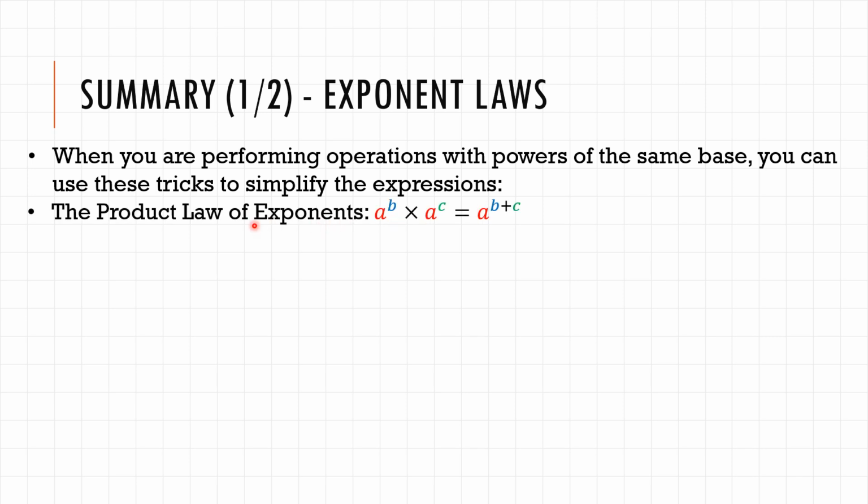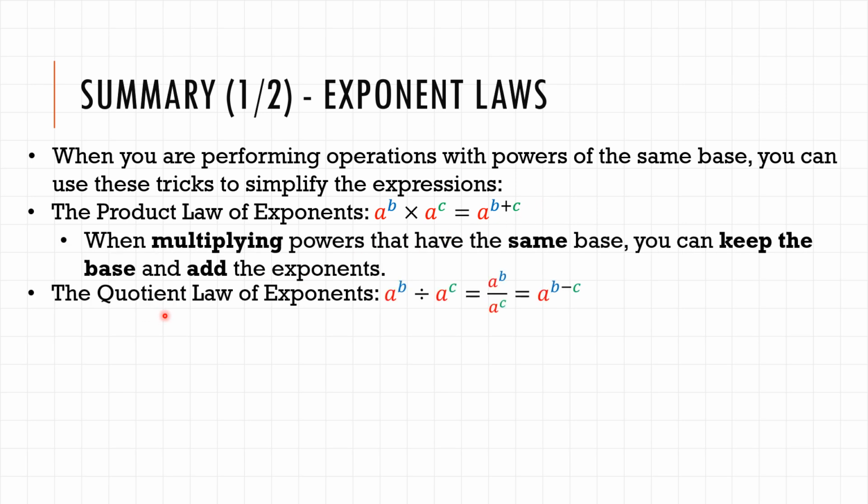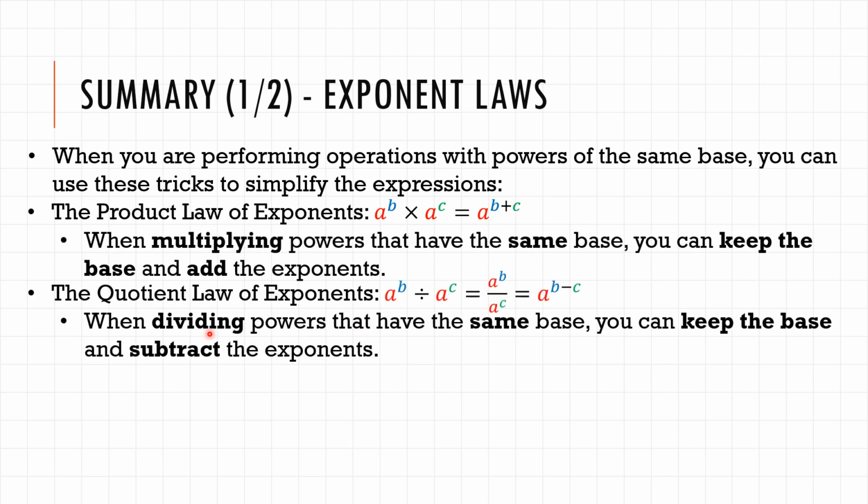The product law of exponents is the first thing we learned in this lesson. a to the power of b multiplied by a to the power of c tells you that if the bases are the same, you can just add the exponents together. And just now we finished learning the quotient law of exponents, which is when you're dividing powers that have the same base, you keep the base the same and you subtract the exponents.